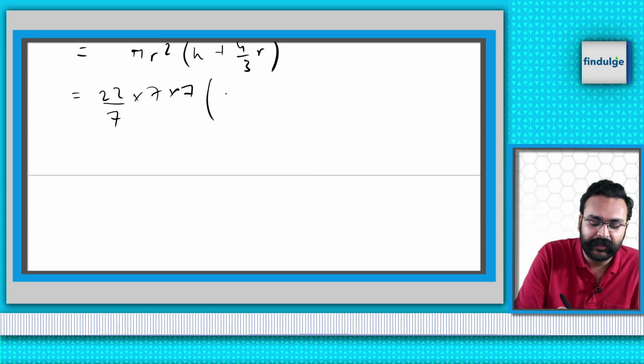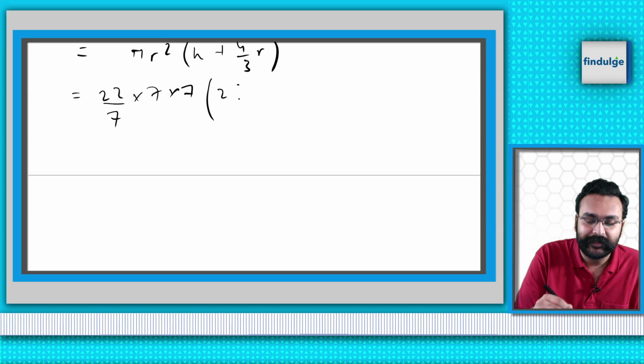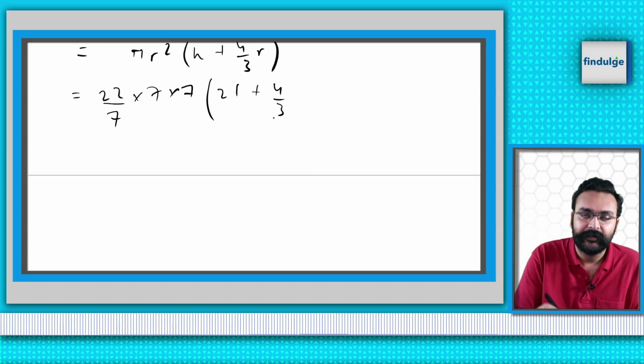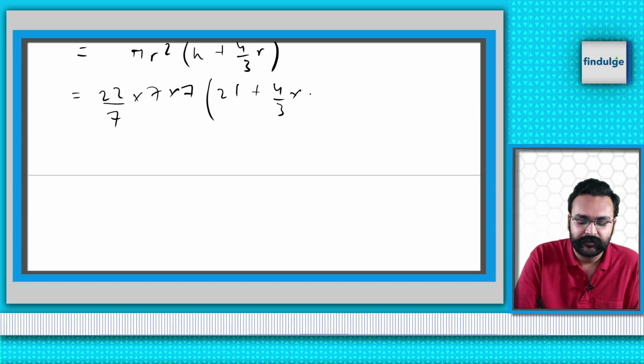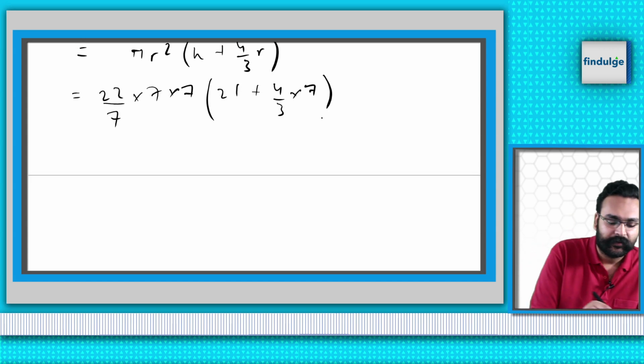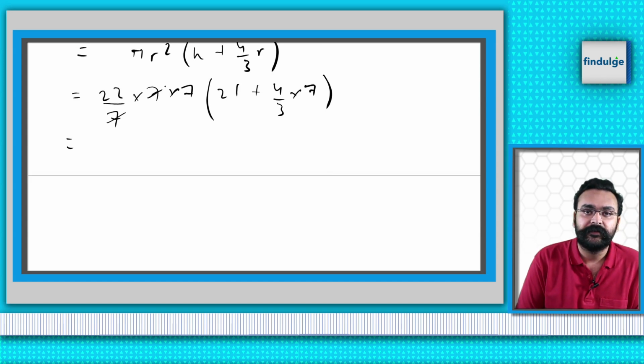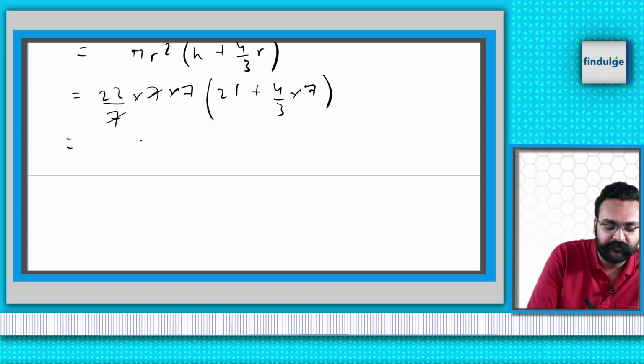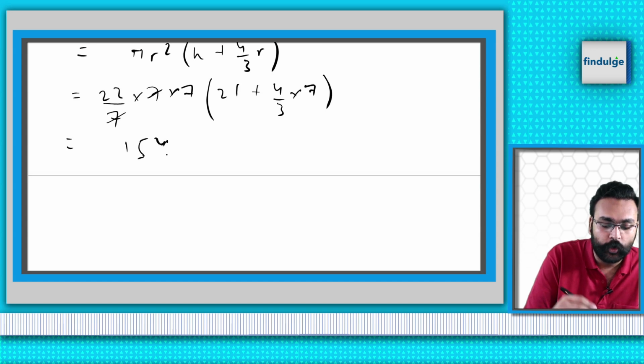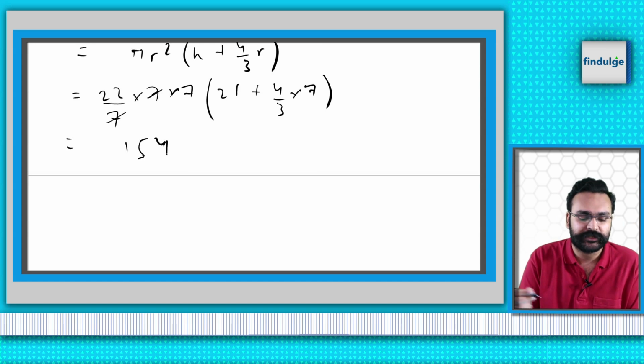Now h we calculated was nothing but 21 plus 4 by 3 into r, which is 7. This 1 7 and 1 7 can get cancelled. 22 into 7 is 154. These are values which will become very, very normal to you after doing many, many questions.